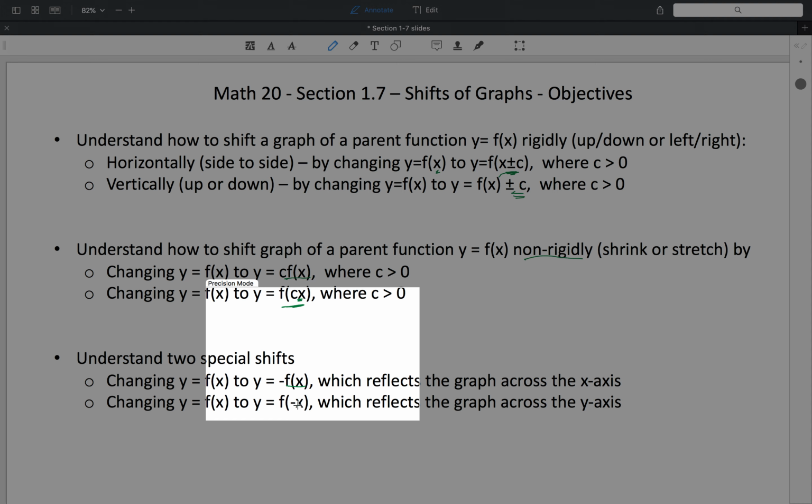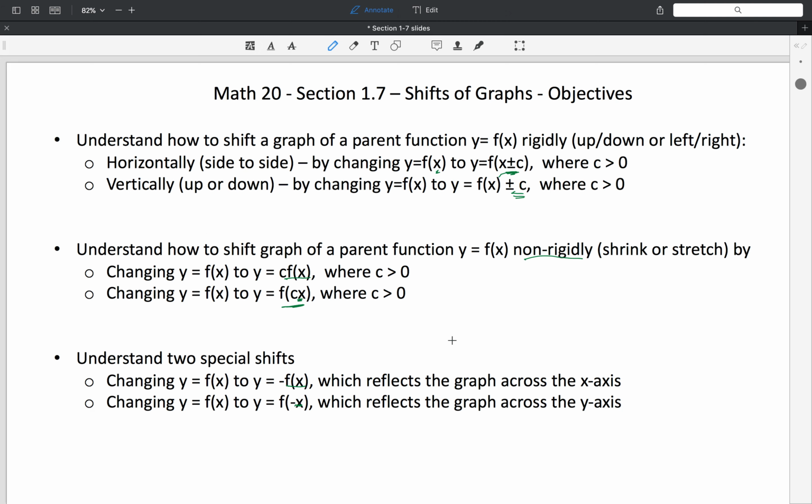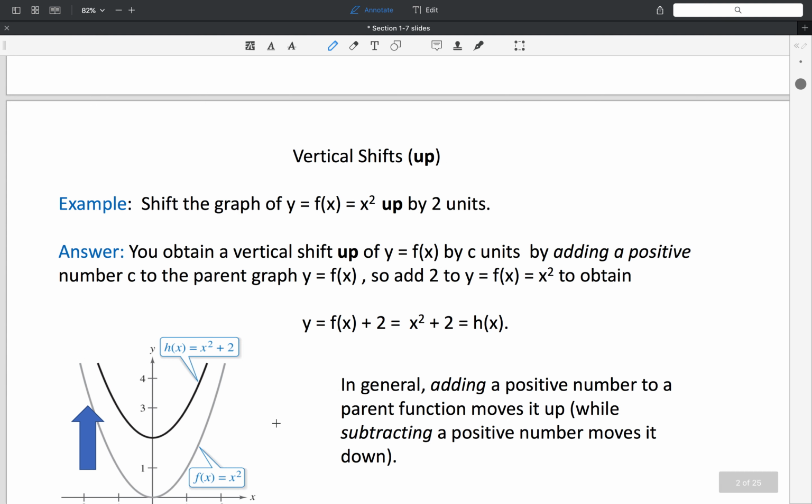The other is when you take x, multiply it by -1, and then apply the function, which reflects the graph across the y-axis.